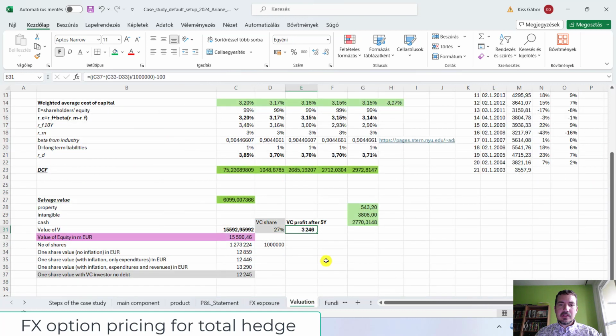Okay, then what happens with the price? Share prices will be higher.